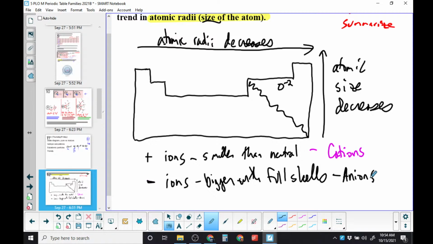And then when you get to the noble gas, it actually gets slightly bigger. But when you go across, there's no more shells. Add shells to get bigger. It's going to get smaller. Just across the periodic table, there's more protons. But if you just add electrons without actual protons, you fill up the shell completely, then it gets bigger.